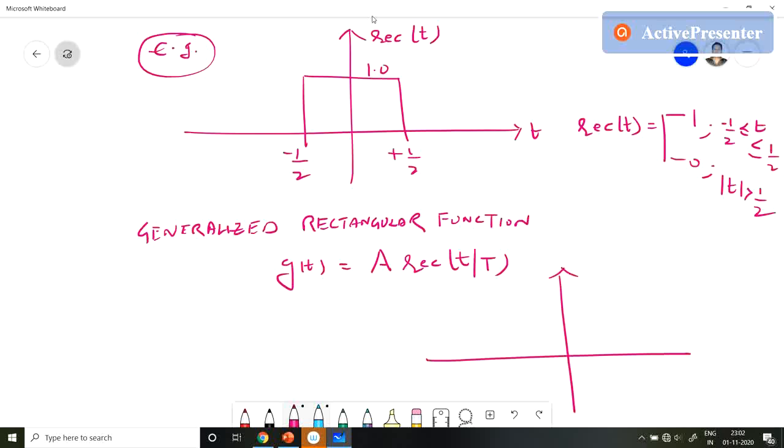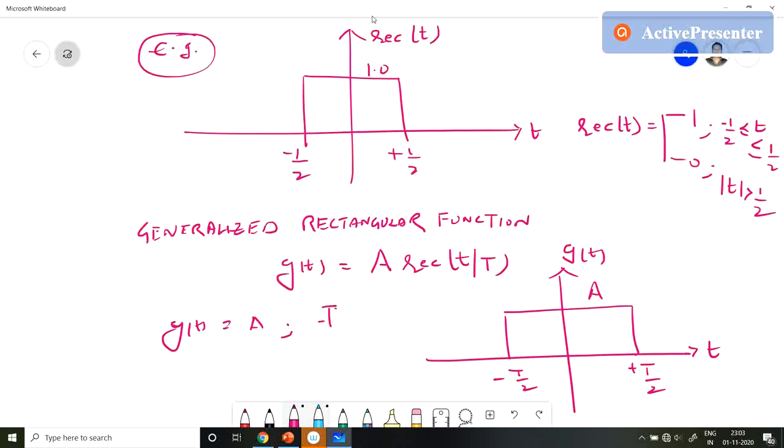If we draw the graph of this signal, g(t) with respect to t is from minus T by 2 to plus T by 2, and the amplitude is A. So g(t) is equal to A when minus T by 2 is less than t less than plus T by 2, and it is equal to 0 when the magnitude of t is greater than T by 2. So this is simply a generalized form of the rectangular function.